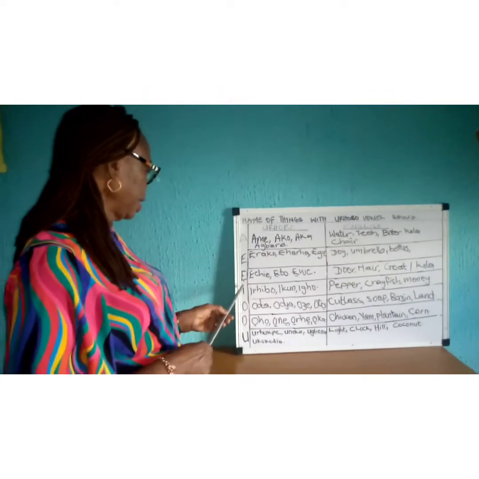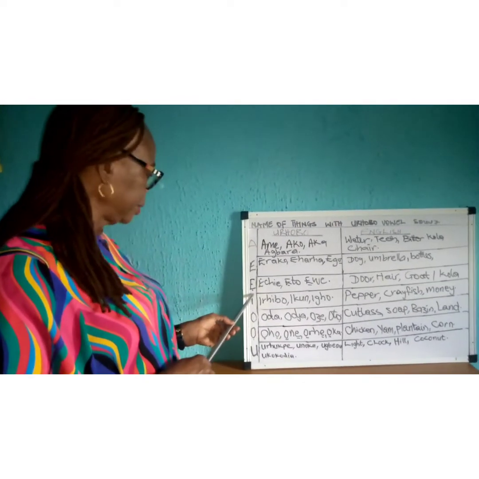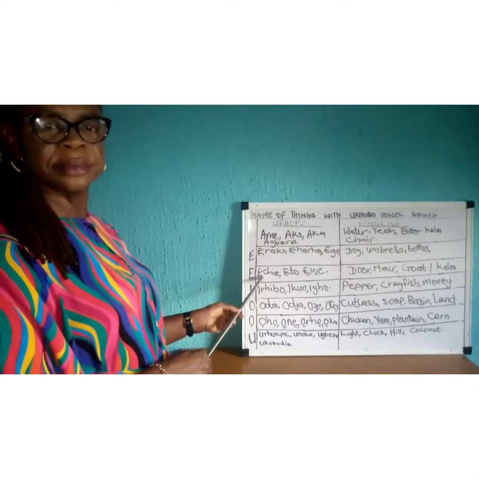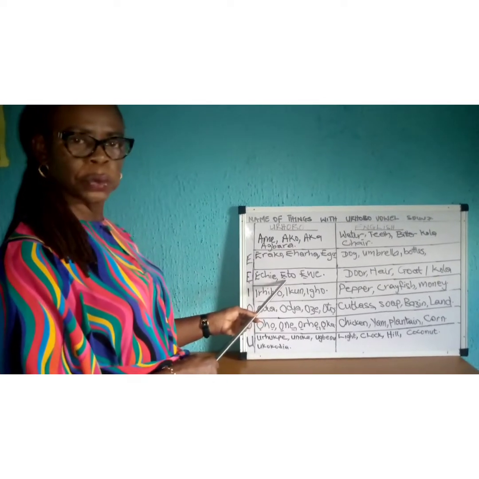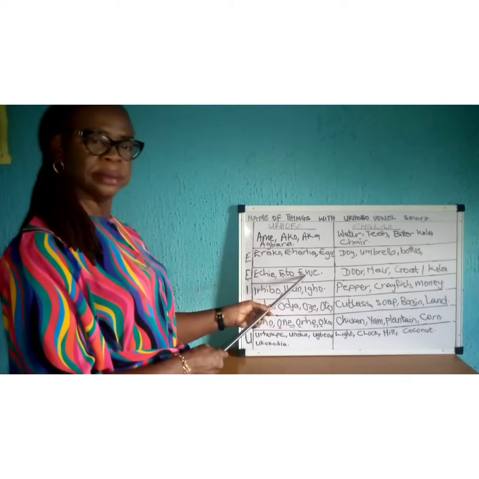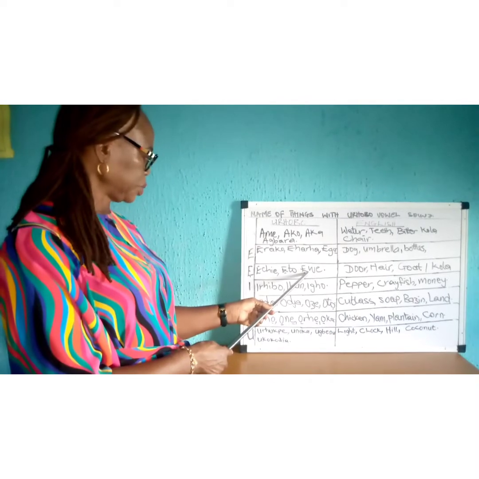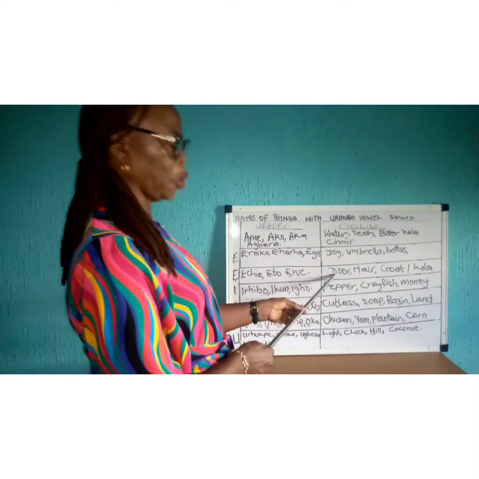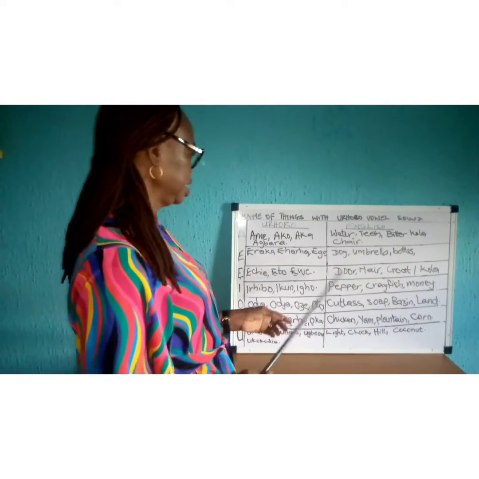Then we are going to vowel E. We have example of eche, eto, we also have example of ere. There are so many, as I said. We are just giving examples. Eche in English language is door. Eto in English language is hair.